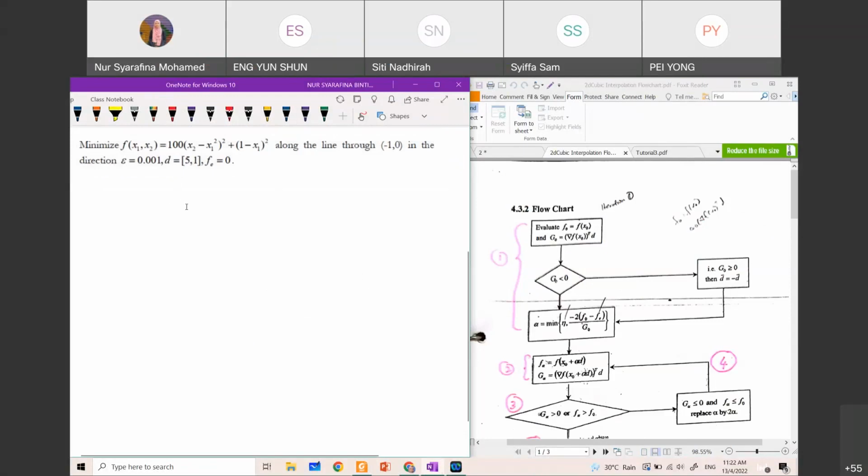We want to minimize along the line through -1, 0 in the direction of d, and epsilon and d are given there. So what are those values?